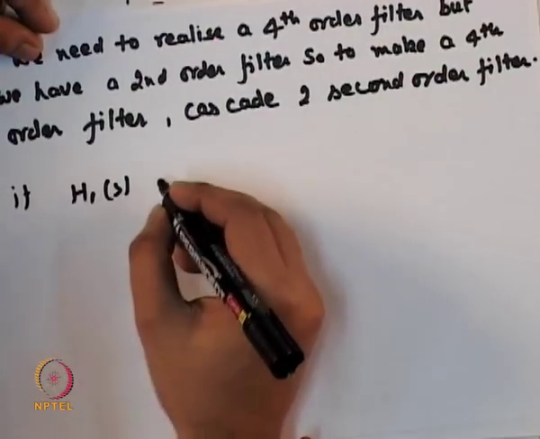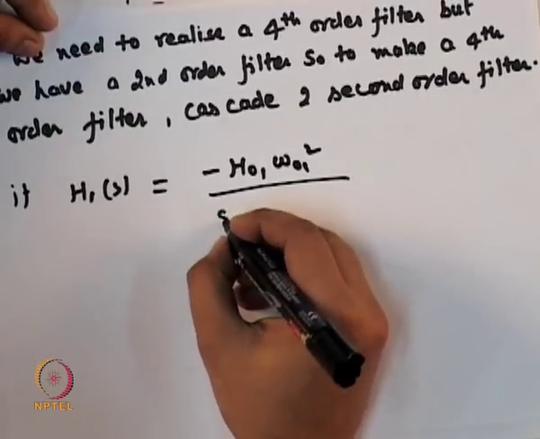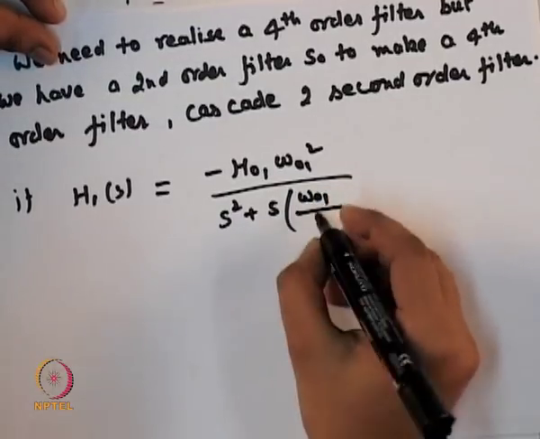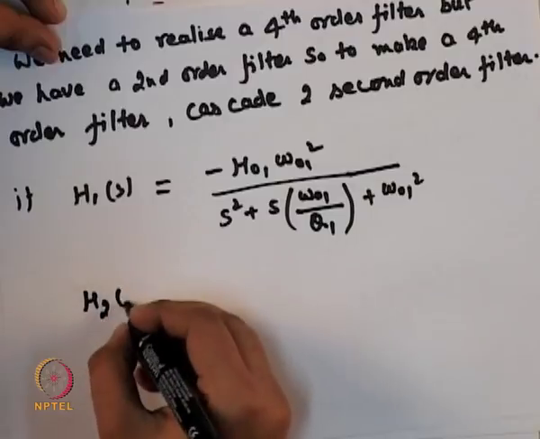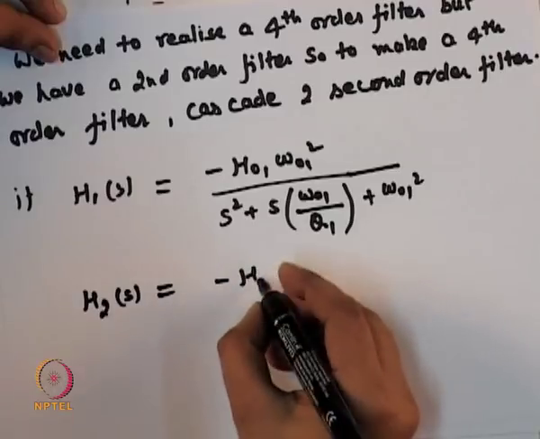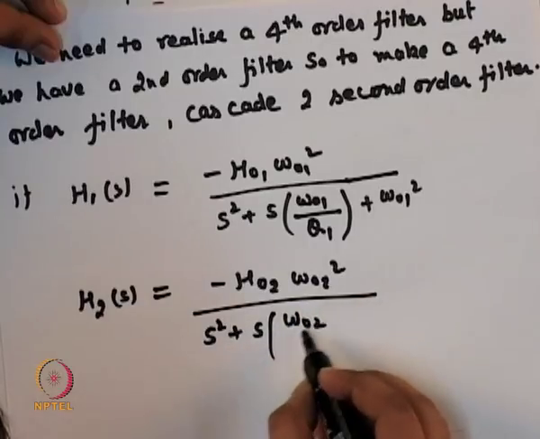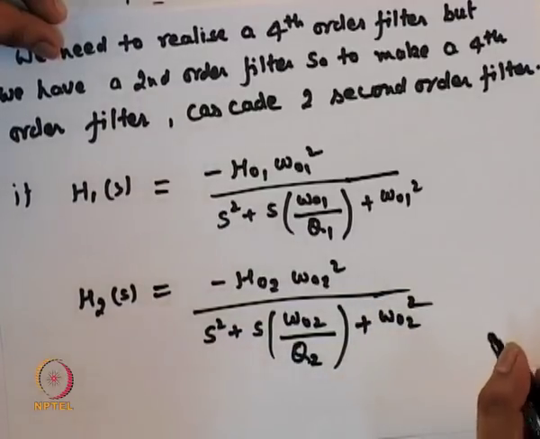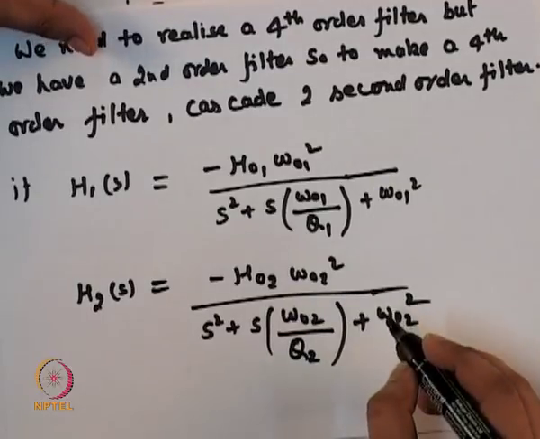We will write it like this: H1(s) equals minus H01 omega 01 square upon s square plus s into omega 01 upon Q1 plus omega 01 square, and H2(s) equals minus H02 omega 02 square upon s square plus s omega 02 upon Q2 plus omega 02 square, where Q1 and Q2 are the quality factors of the individual filters and omega 01 and omega 02 are the 3 dB cutoff frequencies of the filters.